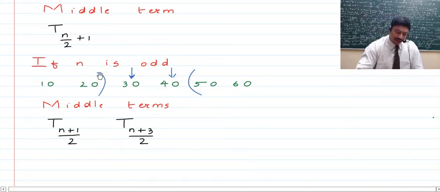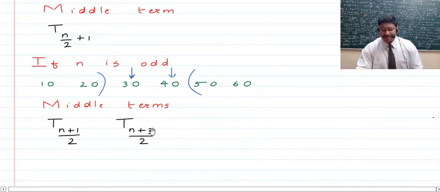And if you watch it, here we have the third term, which becomes one of the middle terms. And similarly, when we talk about (n+3)/2, it is going to become equal to how much? 5 is the highest power. 5+3 will become equal to 8. When divided by 2, it will then become equal to 4. So the fourth term will become the other middle term, which is what we have here, right?